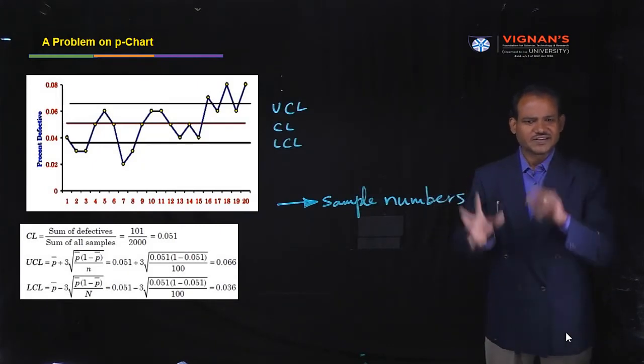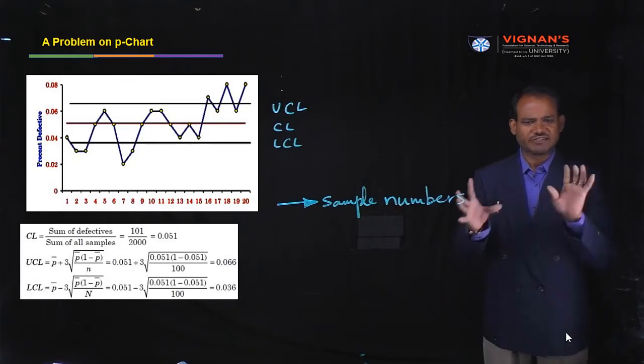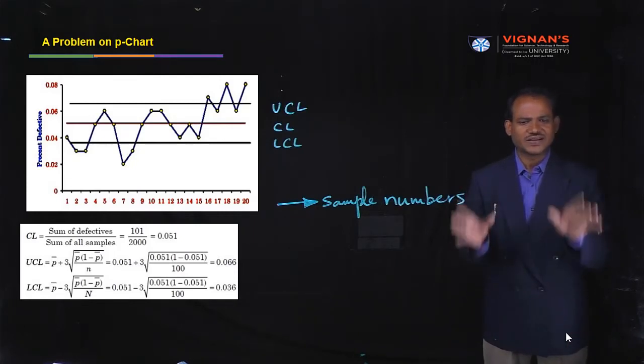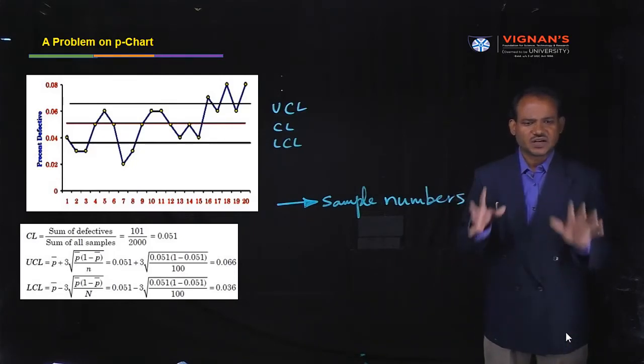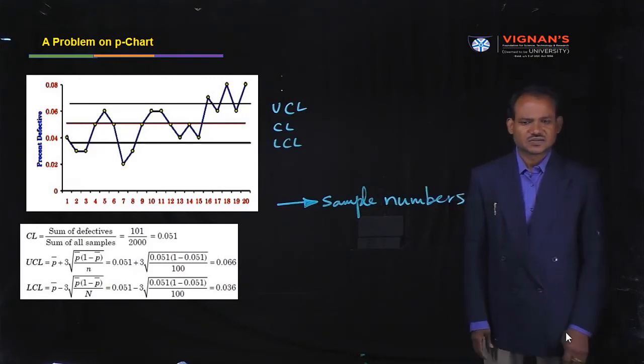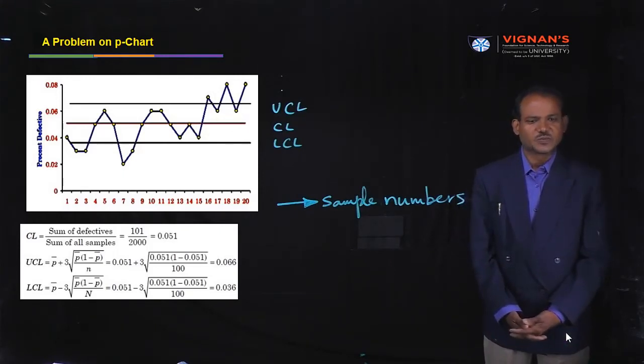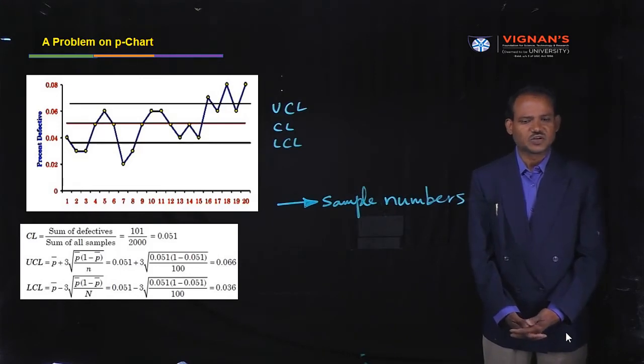We have already calculated CL value, UCL value and LCL value. On a graph paper or on a white paper, consider two axes. One is x-axis, second one is the y-axis. On x-axis, consider sample numbers. How many samples are there? 20 samples. 1 to 20. Okay. Next.